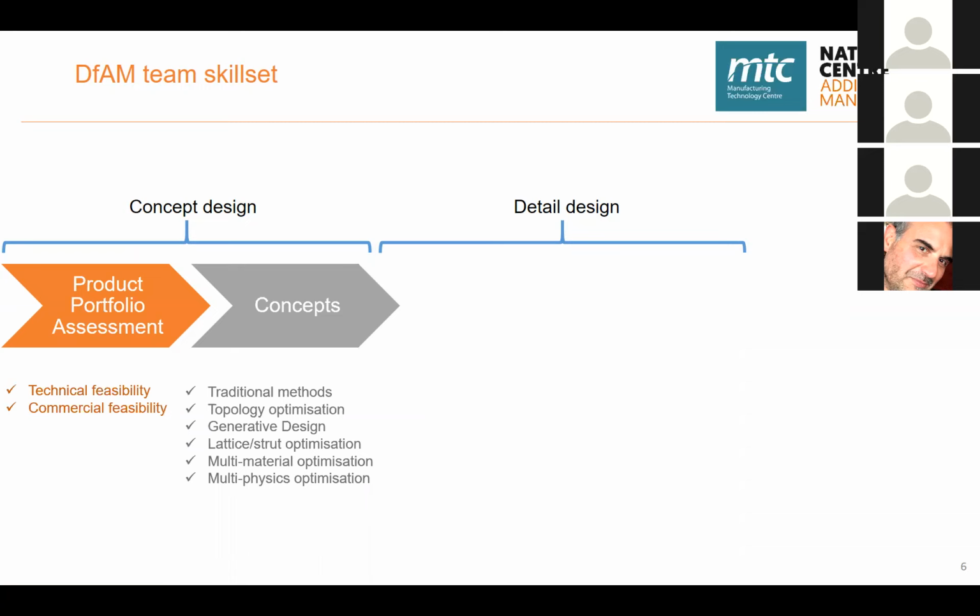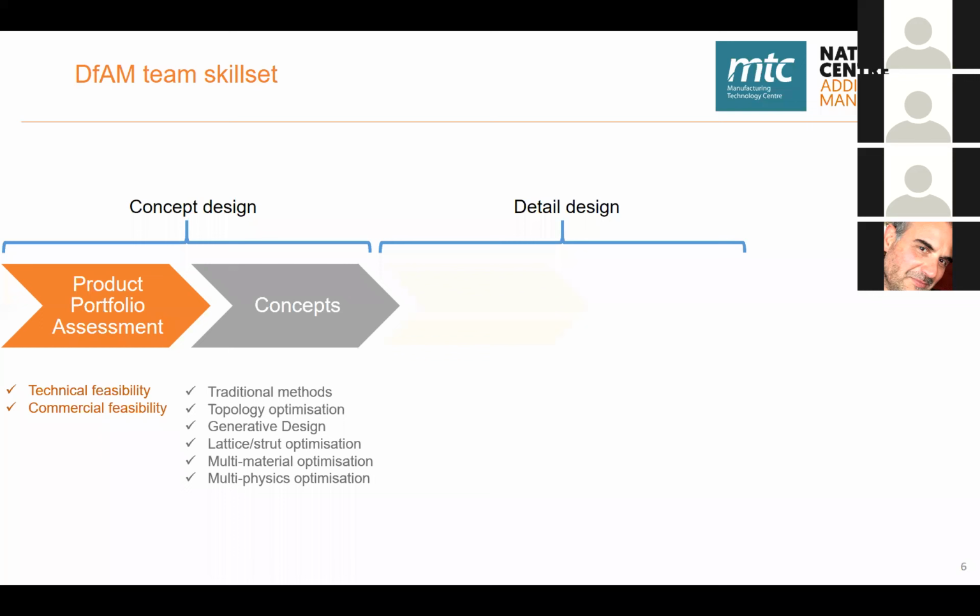And as well the development of concepts, identifying which tools will need to be applied, like using generative design or using lattices. That is one of the areas that get enabled by additive manufacturing.